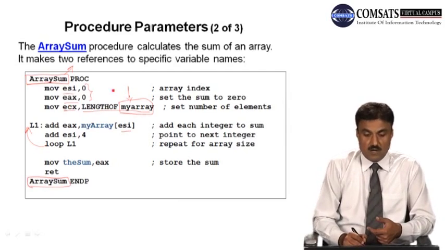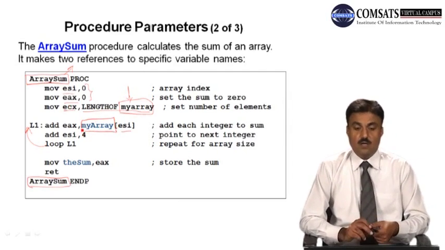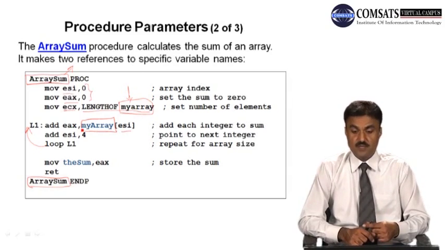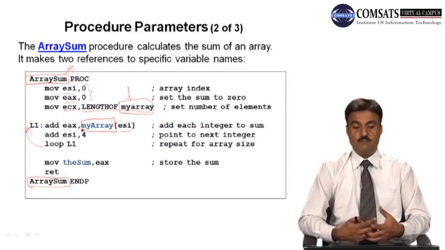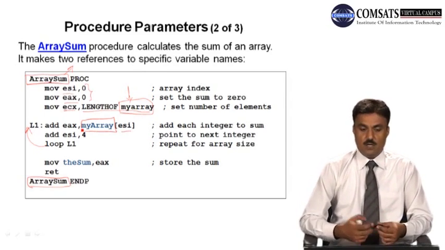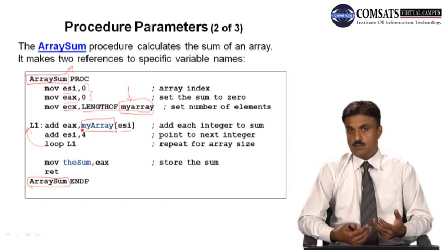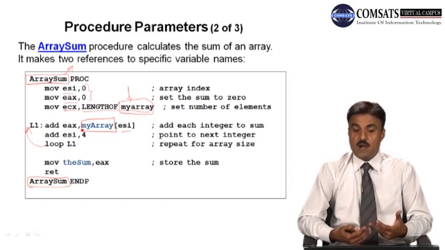So here my array is a very specific variable name, so we are referring to this specific variable name. So this procedure is only about adding my array elements and so on.